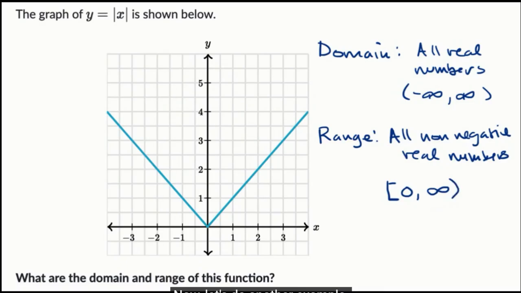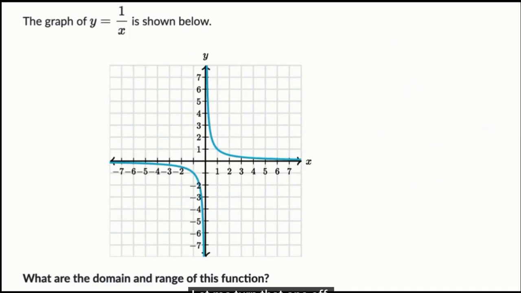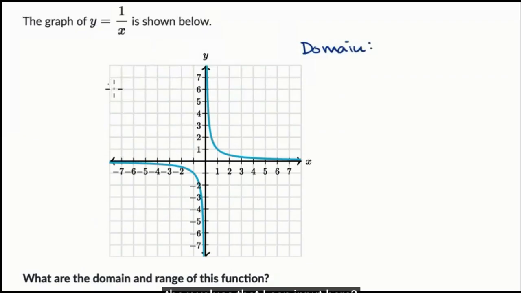Now let's do another example. Let me turn that one off. So here we have the function y is equal to 1 over x. Pause the video again, try to figure out the domain and range. So the domain, what are all of the x values that I can input here? Well, 1 over x is defined for all x's as long as x does not equal 0.